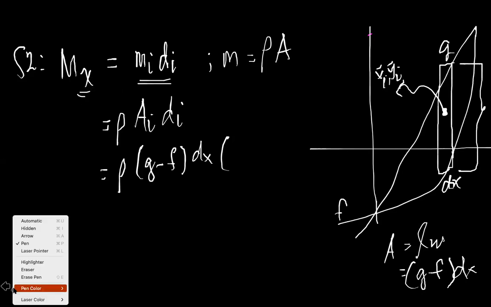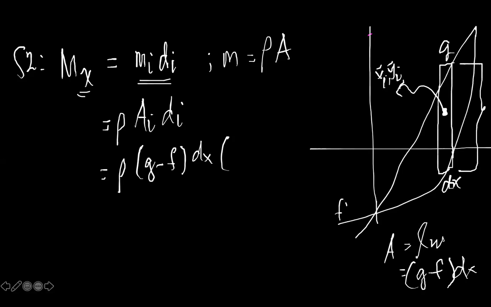Okay, let's sketch that so everyone could understand. What is the distance of the center of mass of the lamina, sorry, of the rectangular representative to the x-axis? Something like that. And we know that this is the center of this rectangular representative.